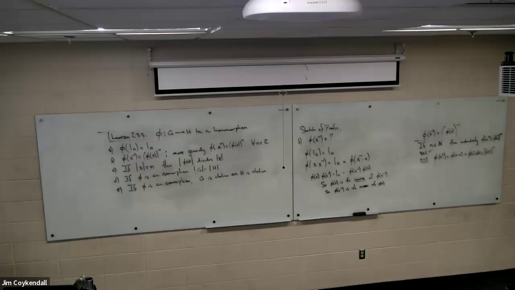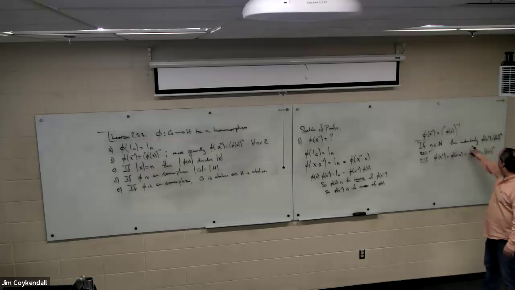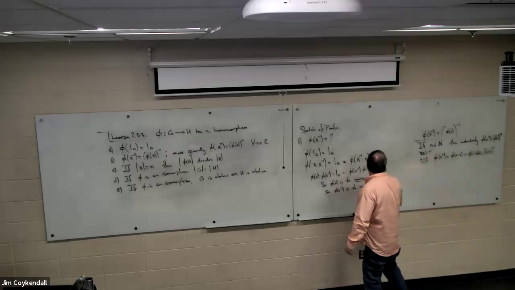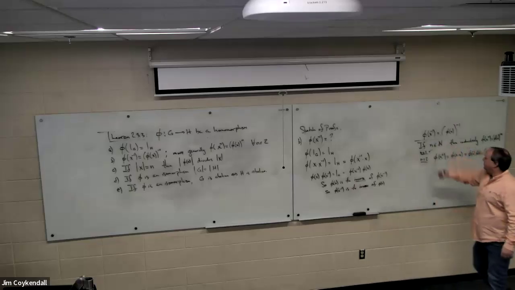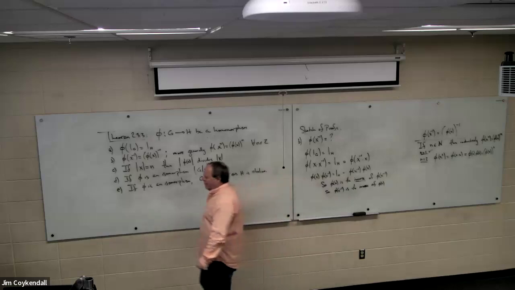Now go by induction, right? And the inductive step is very easy here. How do you get the case for the negative n? Well, get the case for the positive n and then apply this right here. Okay. And I'll leave the rest for exercise.